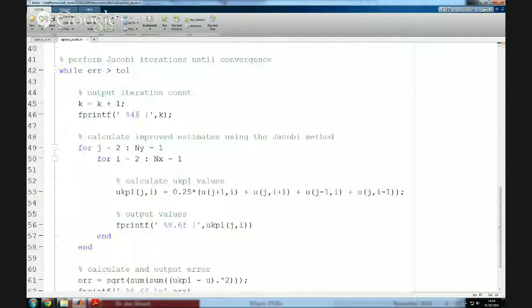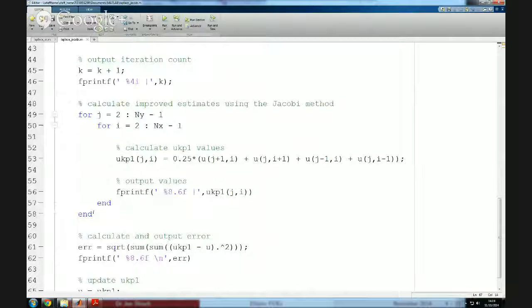boundary conditions. All I'm going to do is change this into the Gauss-Seidel method. Essentially, what we need is the nodes to the west and to the south to use the k+1 value. That's changing from Jacobi to Gauss-Seidel.